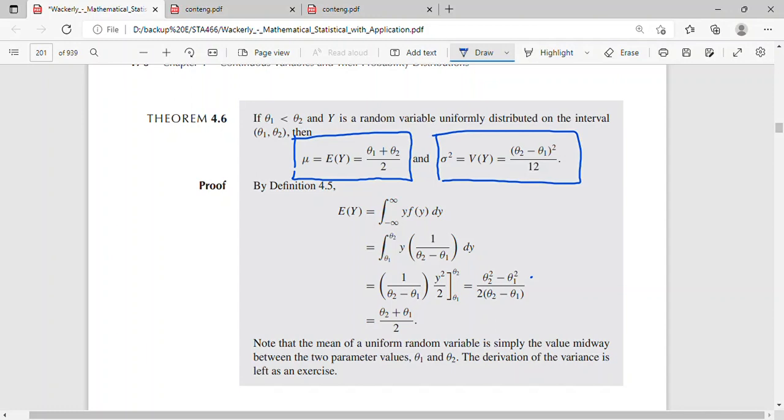Okay, so kita gunakan mathematical expectation concept. Sebelum ni, nak cari mean, it is the expected of Y. So because Y adalah continuous, we need to do the integration of Y multiply fy. So fy ni adalah from uniform distribution lah, 1 over theta 2 minus theta 1.